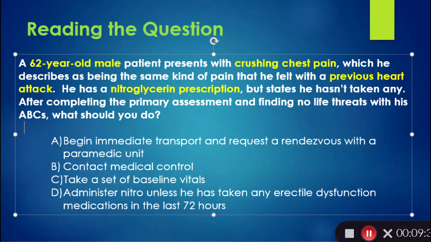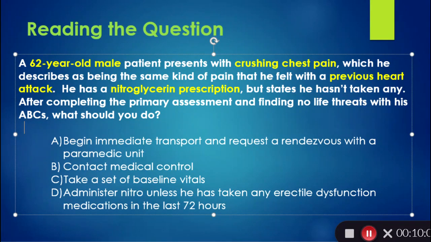So, A, begin immediate transport and request a rendezvous with a paramedic unit. That's not wrong. I mean, we do need to get this guy going. I don't want to stay on scene very long with him, and having a paramedic rendezvous with me would be a good idea. So that's a possibility. I'm not going to jump on it. I'm going to see what my other options are.